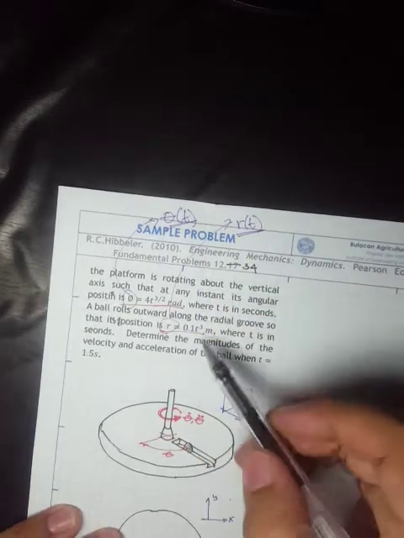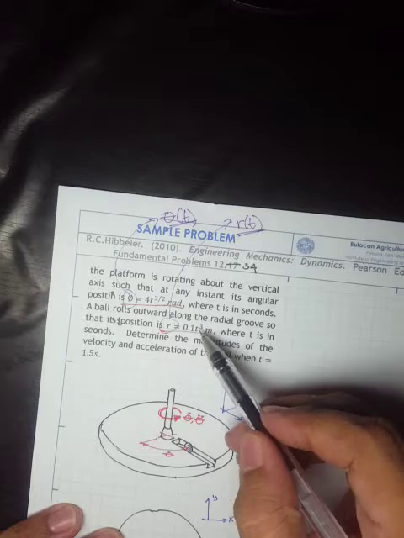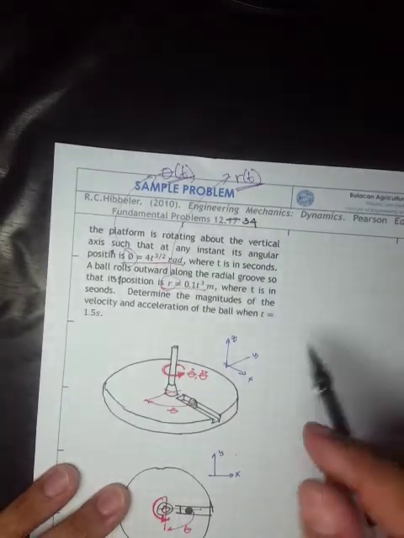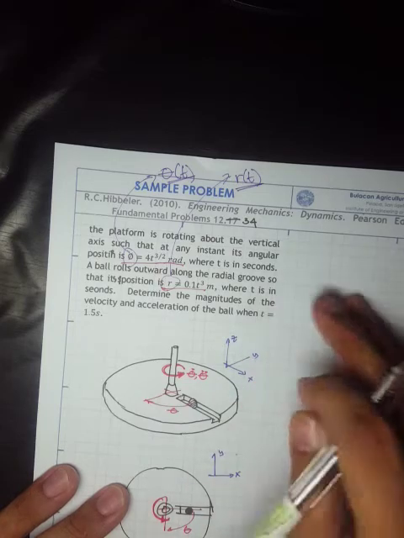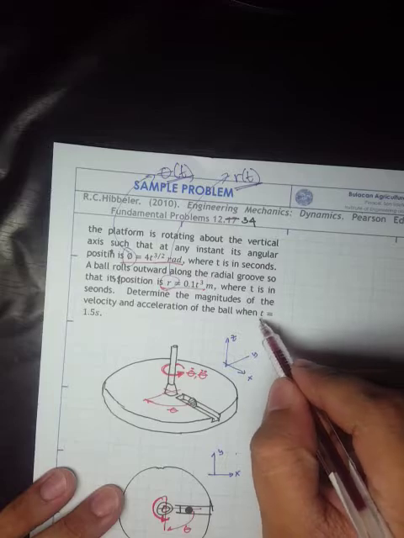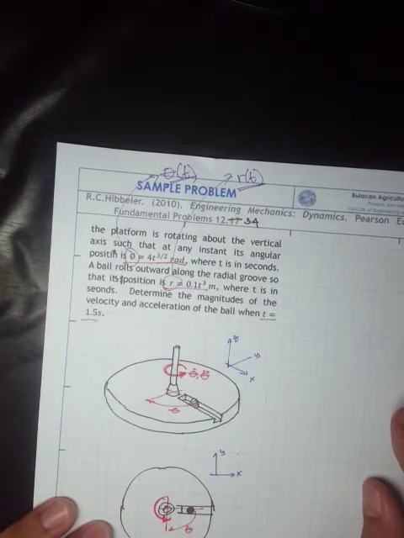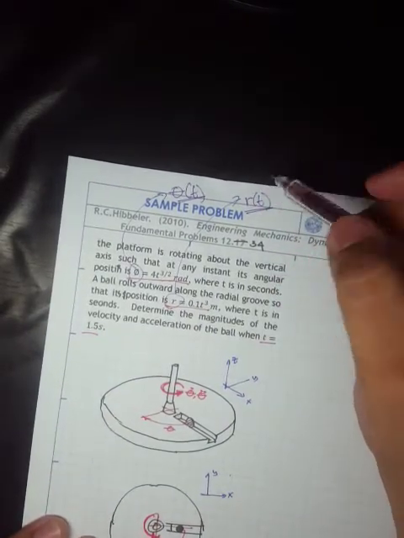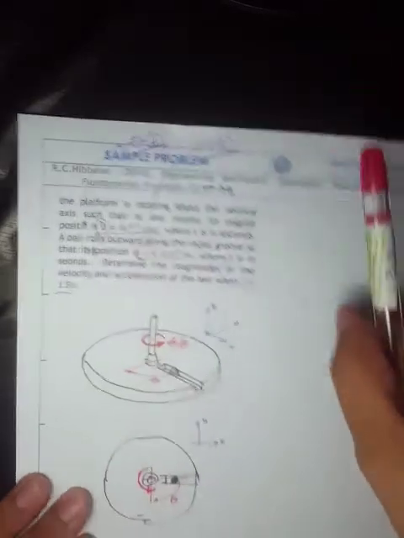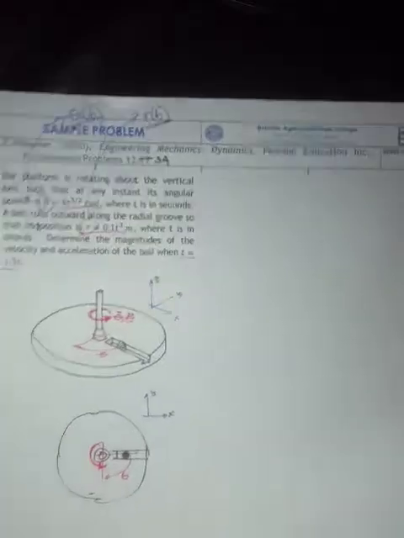At whatever time t, we will get a different r or theta value. The problem states that we have to determine the magnitude of velocity and acceleration of the ball when t is equal to 1.5 seconds. So we have to evaluate this r and this theta at 1.5. Okay, so let's try to solve.